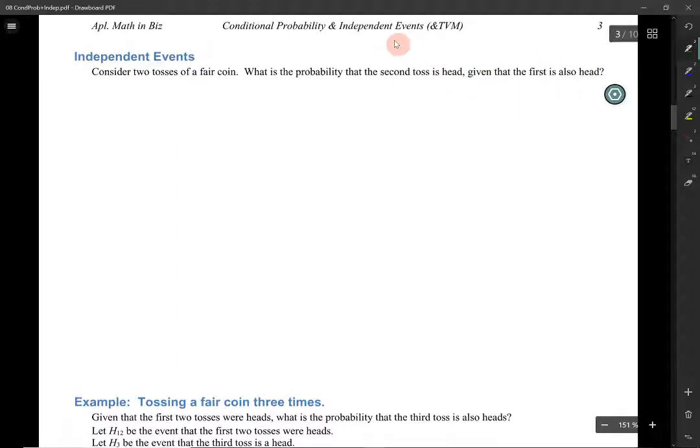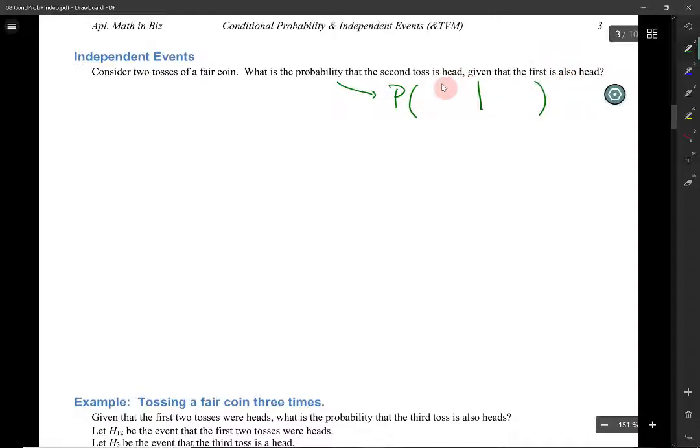So basically we want the probability that, given something, right? What do we need to look for? We just translate it. What is the probability that the second toss is a head, given that the first is also a head?